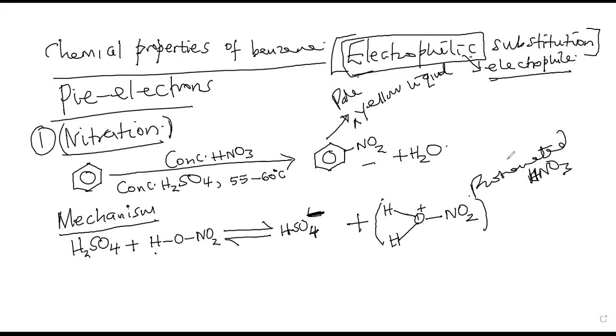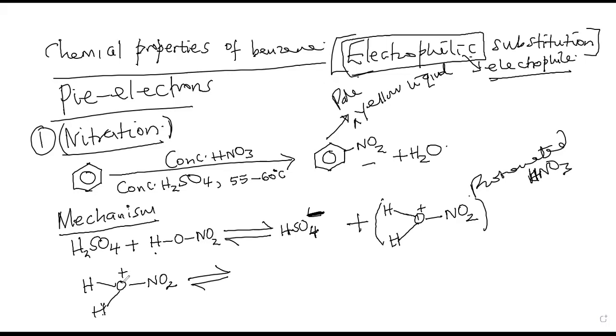Then another role of sulfuric acid, I've told you it plays two roles, is to split or decompose the protonated nitric acid to release a nitronium ion, which we shall be using as our electrophile. So the protonated nitric acid that we have formed is going to split, and on splitting, it releases a nitronium ion that we use as our electrophile in attacking.